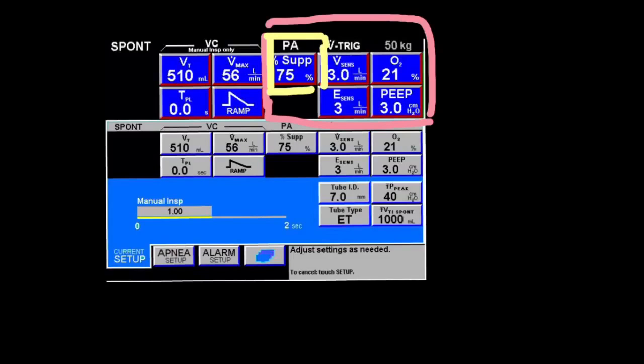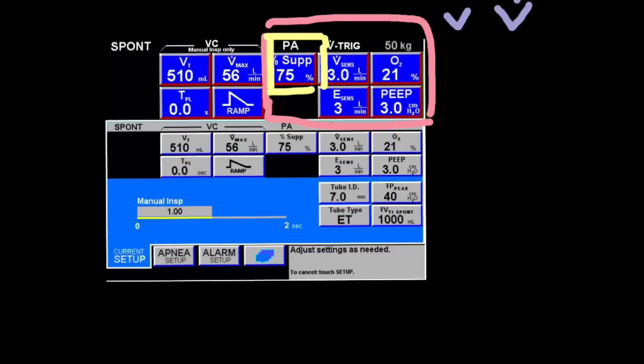So it's not like that if you set 75% the patient is doing only 25% of the work and the ventilator is doing 75%. It's that amplification value. As mentioned before, the volume and the flow are always generated by the patient's inspiratory effort.